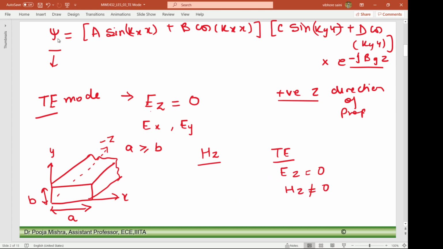So the solution for psi that we obtained in our earlier lecture is actually the solution for Hz. Hz is equal to psi that we obtained in our earlier lecture.